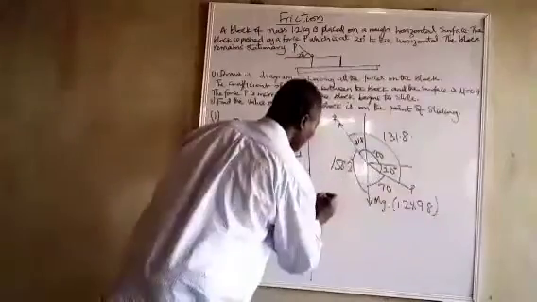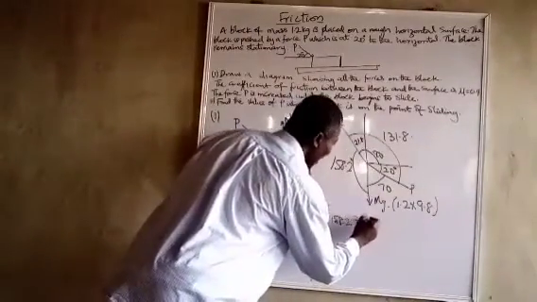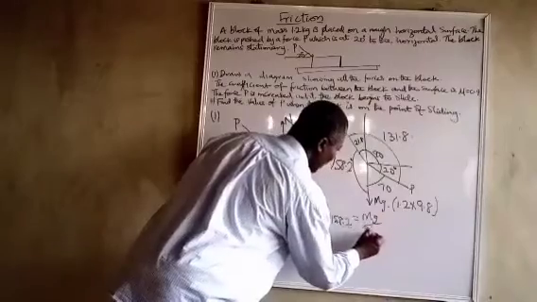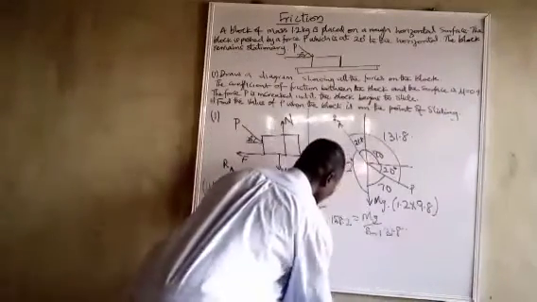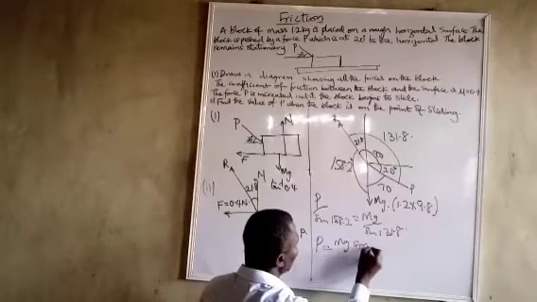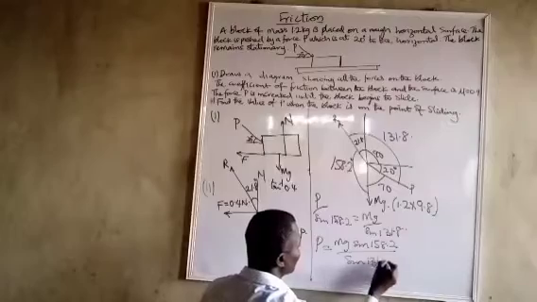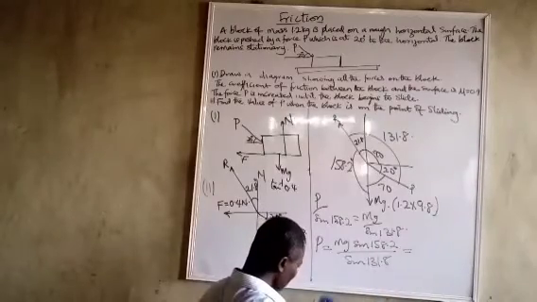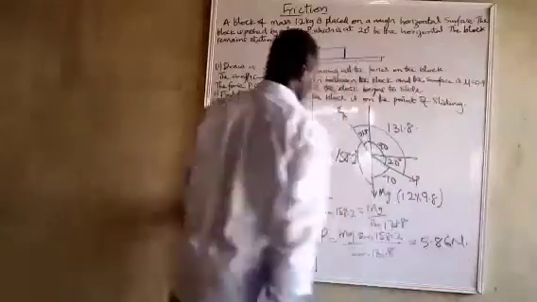I can now say P over sine 158.2 is equal to mg over sine 131.8. So P will be equal to mg sine 158.2 over sine 131.8. So you can see P equals 5.86 Newton.